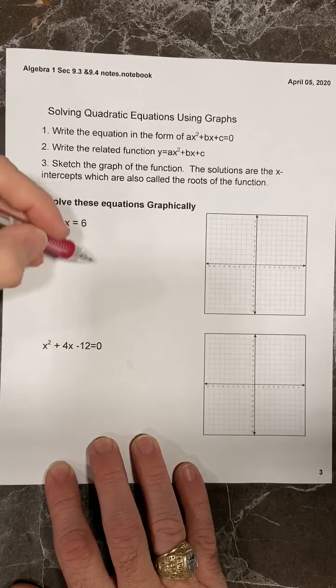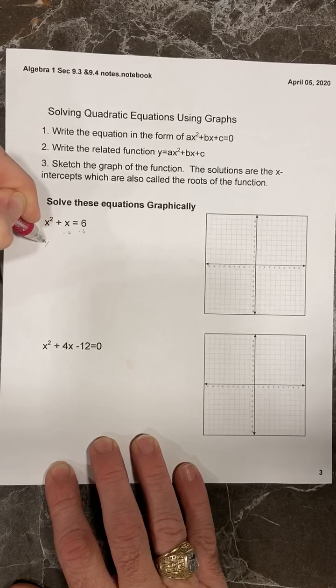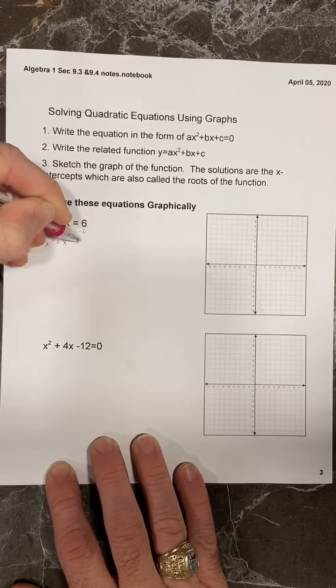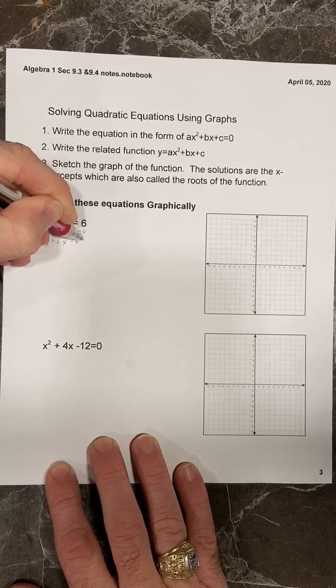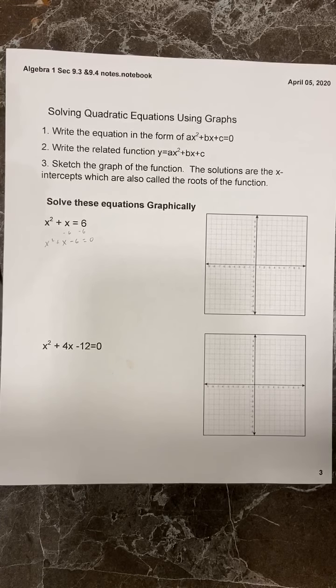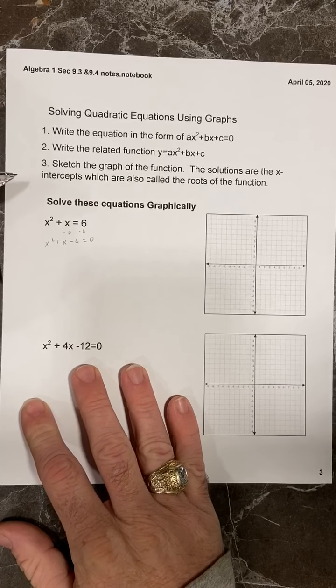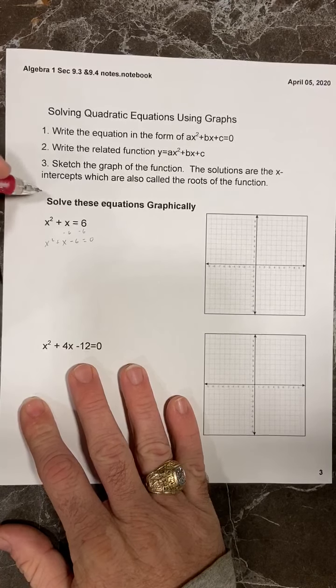So I'm going to subtract 6 from both sides. So we have x squared plus x minus 6 equals 0. So now from there, we can figure out all the information we need to be able to graph it.